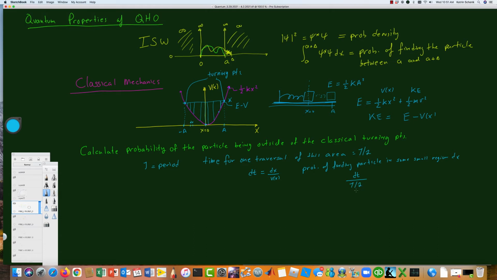Okay. So the classical probability as a function of x dx, so that's the probability density, right? Because the probability is all of this together.